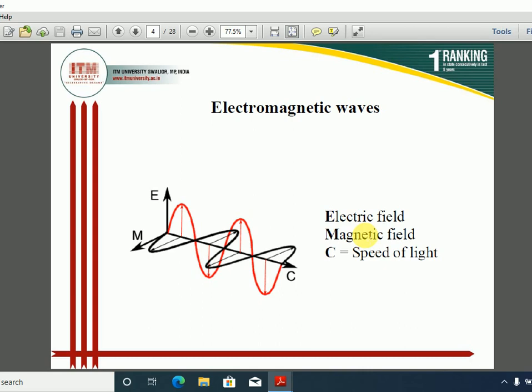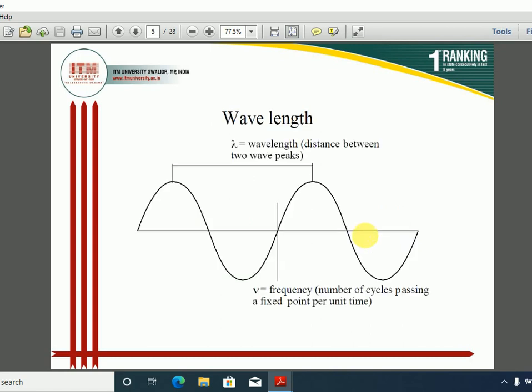Electromagnetic waves are the waves which, when passed through the electric field and the magnetic field simultaneously, show characteristics in the electric field and in the magnetic field that are perpendicular to each other. So any type of wave which shows a perpendicular relationship in the electric field and magnetic field is considered to be an electromagnetic wave.